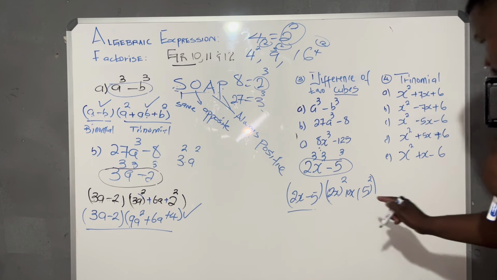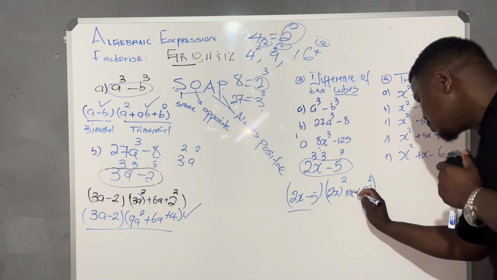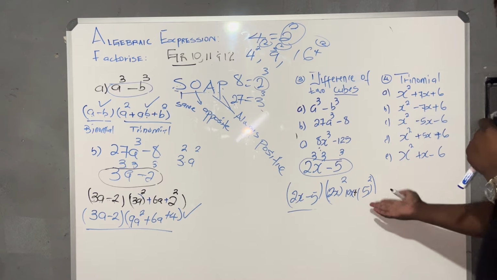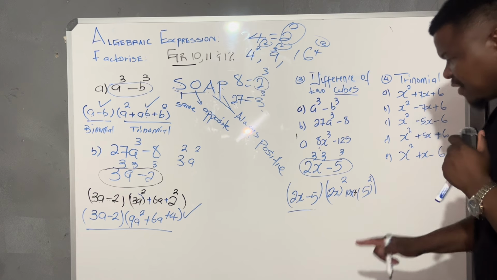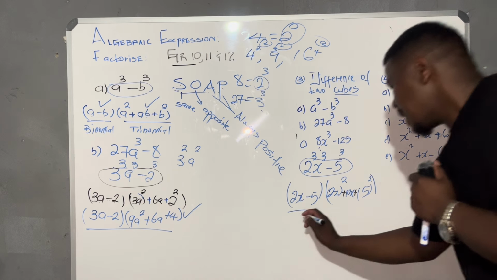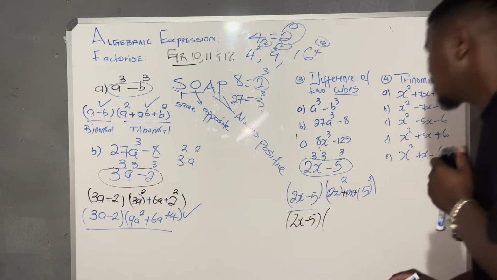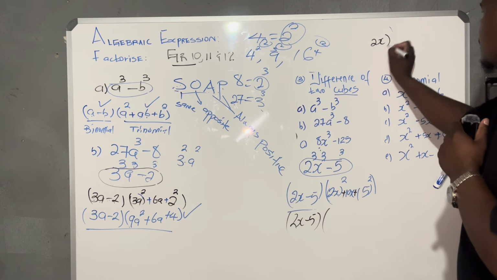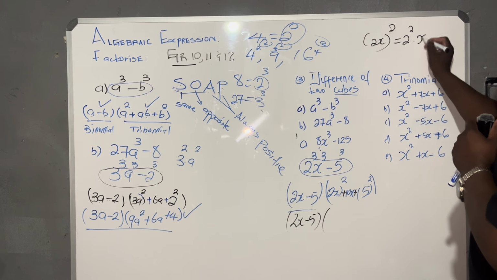All right, let's proceed. Now, in terms of the sign, we all know the last sign is always positive on the trinomial. But the middle one is the opposite of the original, vice versa. This is negative, now we put positive there. I'm not done yet, because according to the exponential law, 2x squared is the same as 2 squared times x squared.